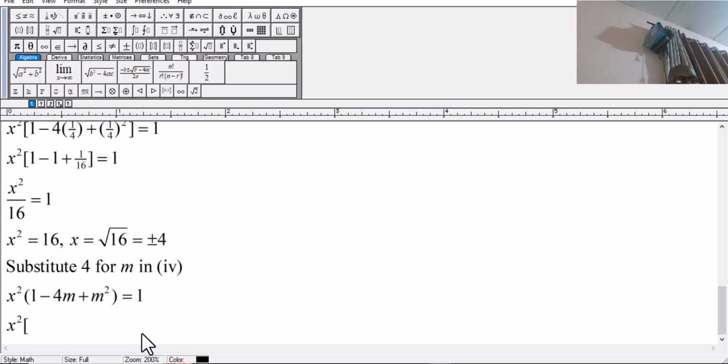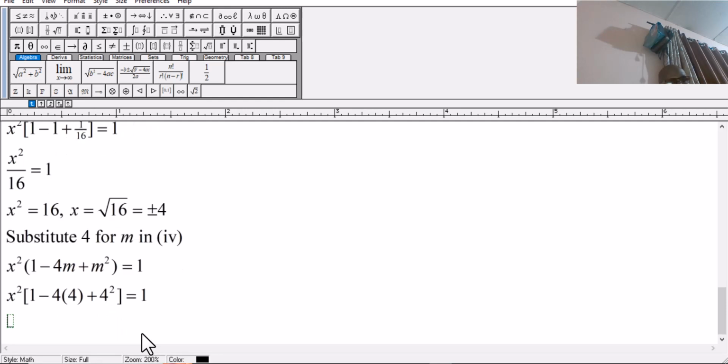So let me use this bracket. 1 minus 4 into 4 plus 4 plus 4 squared, bracket closed, plus 1. So what we have there, everything x squared equals to 1. So it implies that our x is either equal to plus or minus 1. Plus or minus 1.